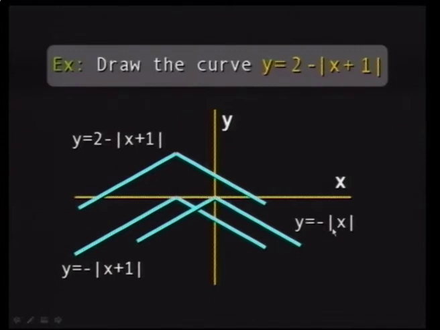After that, you shift it to the left by 1 to obtain this one. This becomes minus modulus of x plus 1. And then you shift it up by 2 units to become 2 minus modulus of x plus 1. And this is the way you do it. You always start with the easiest one of them.